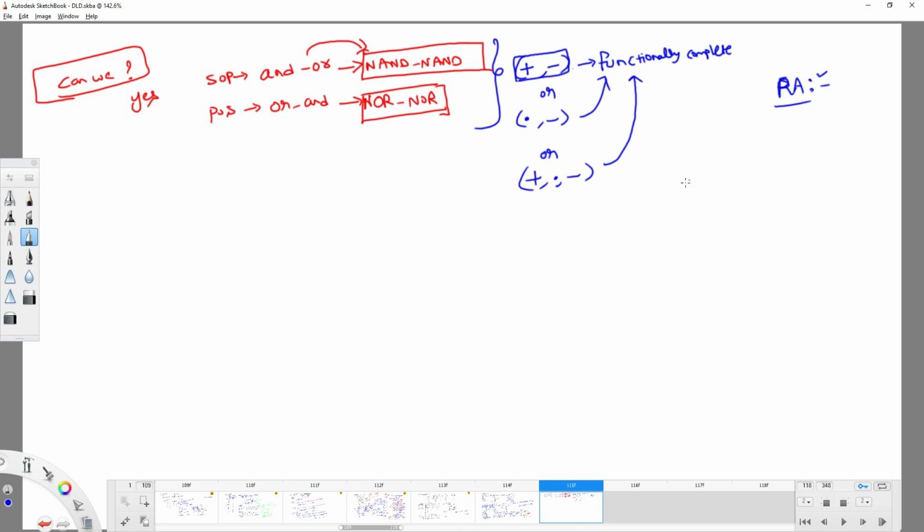See, for example, I have A and B with an OR gate. This is what I require. And I have only dot and not operators. Can I construct that?